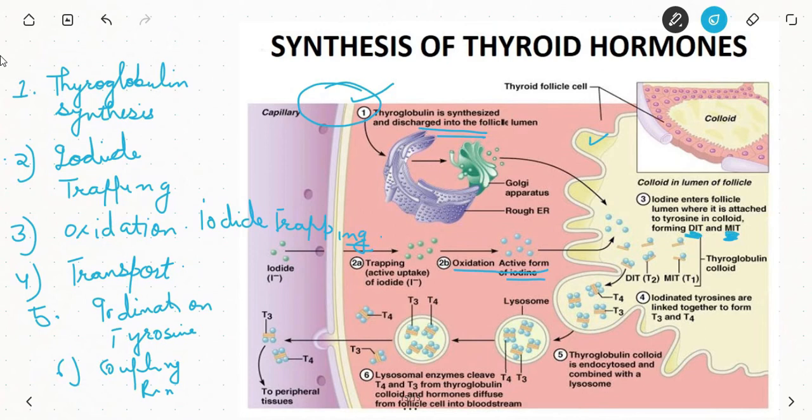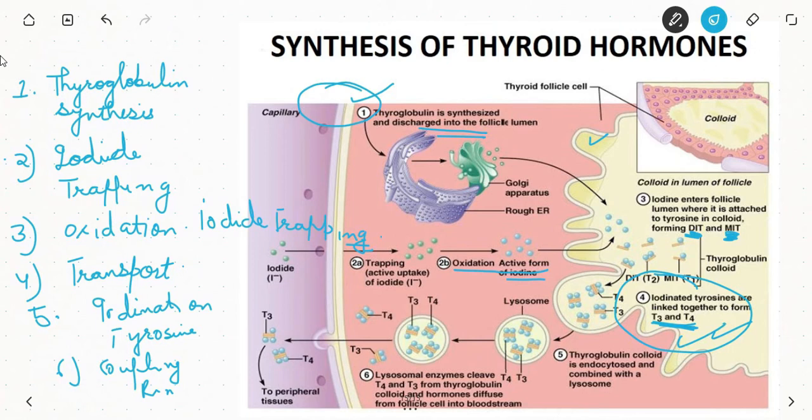These iodinated tyrosines are linked together to form T3 and T4. So last is the coupling reaction where they link together to form T3 and T4.